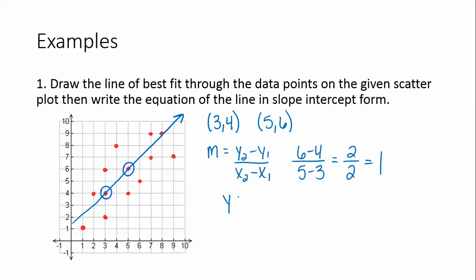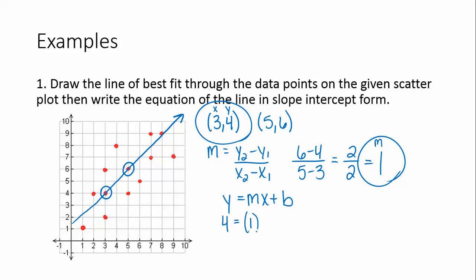Now remember, we write y equals mx plus b. We're going to use one of the ordered pairs and the slope to plug into the equation. So 3 is x, 4 is y, and this is the m. So I get 4 equals 1 times 3 plus b. 4 equals 3 plus b.